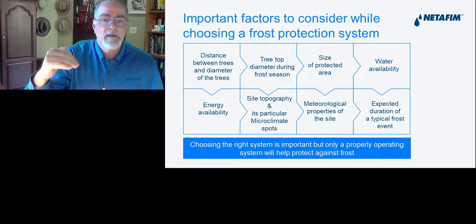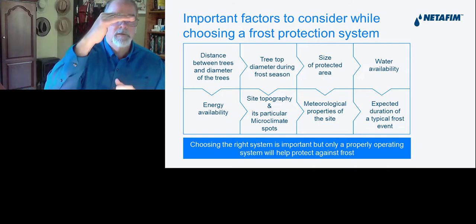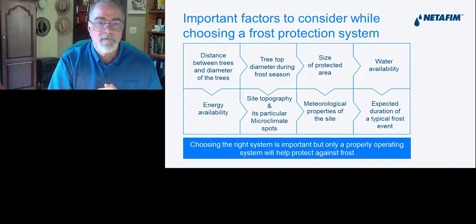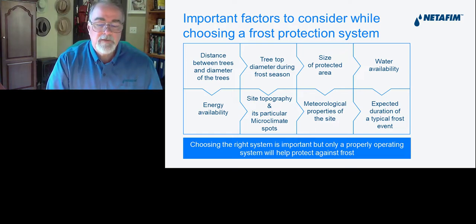We have to put enough water out to recover and come back up before our air temperatures start falling below 32 constantly. So the energy availability goes back to what I was talking about with having a diesel backup, PTO drive, something that's going to make sure when you start that pump, it does not turn off during the night.